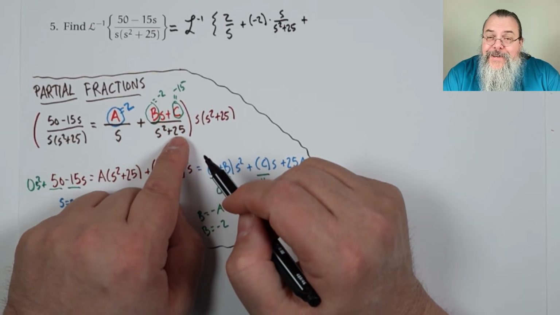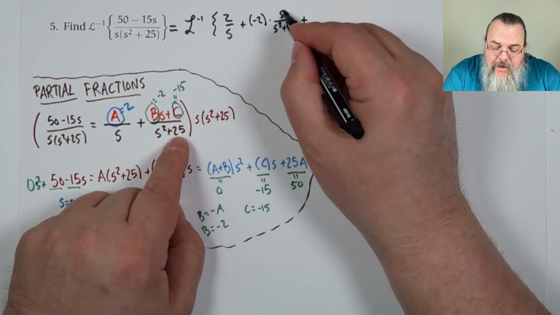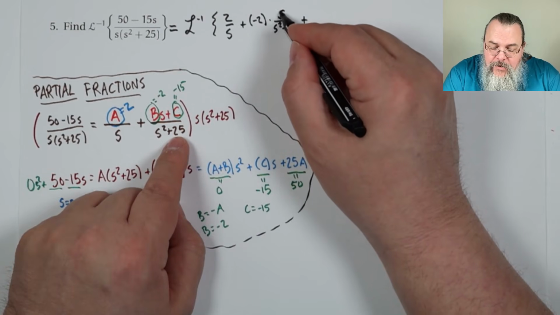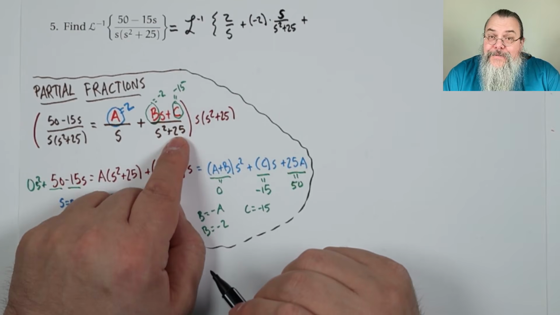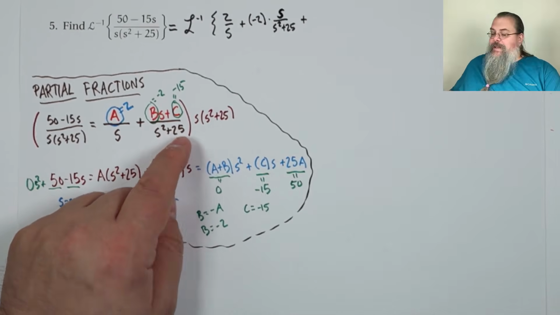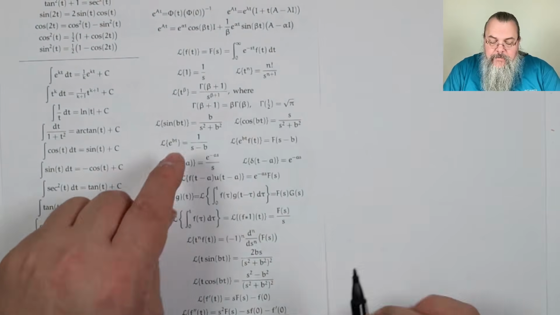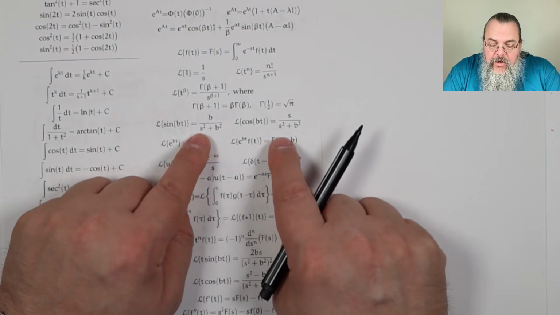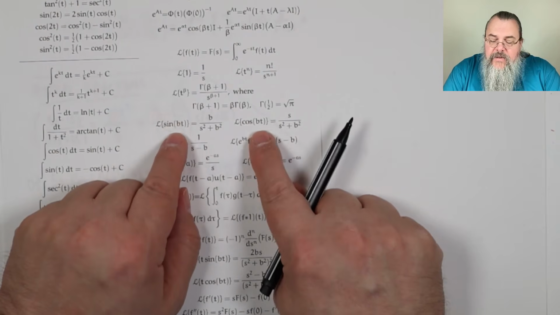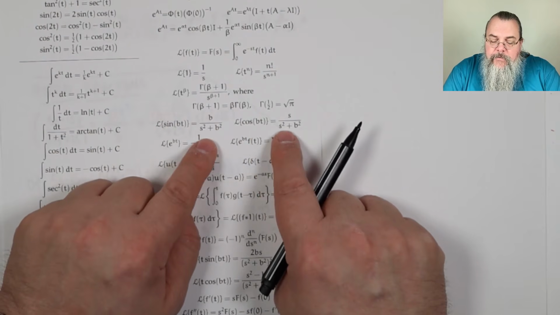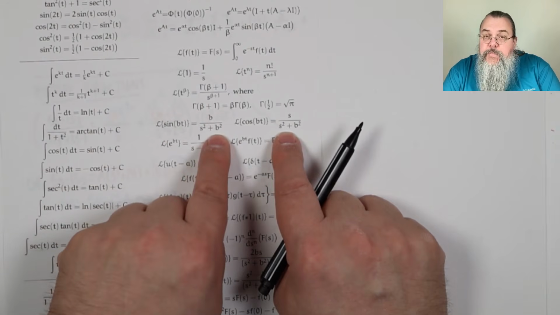25 is 5 squared. So if I was doing a constant, what constant would I want upstairs? I'd want 5. Why do I say that? Because I'm looking back at the formula sheet, and I say, oh, I see s squared plus 5 squared shows up as sines and cosines. So I'd want to have something with s and something with the b, right?